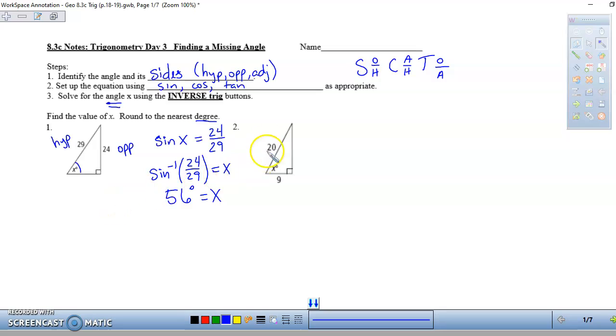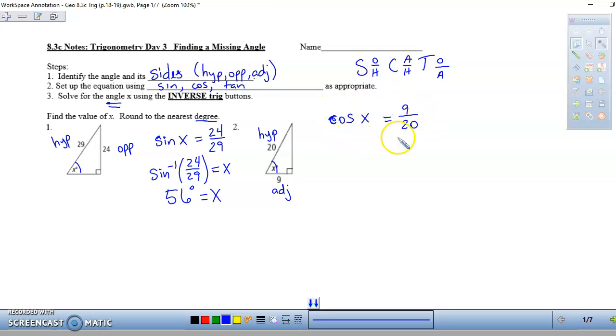Okay, welcome back here. So you're going to have angle x here. 20 is the hypotenuse, so I'll label hypotenuse. Opposite doesn't have a number on it, so therefore the 9 is the adjacent. If I have the adjacent and the hypotenuse labeled, that is going to be cosine. So my setup should be cosine of the angle is equal to the adjacent over hypotenuse.